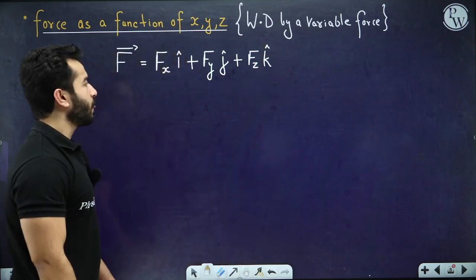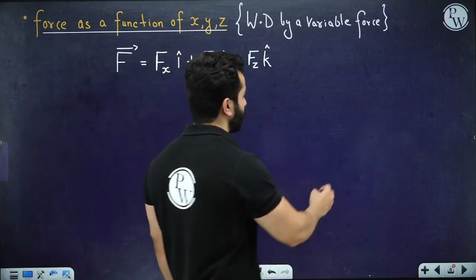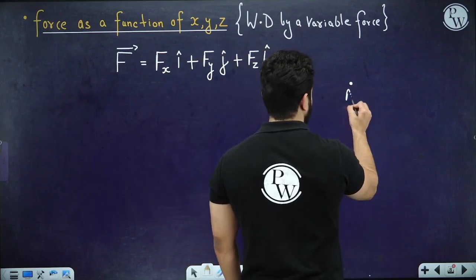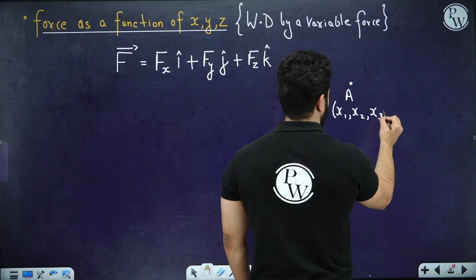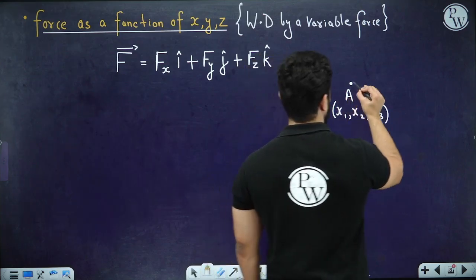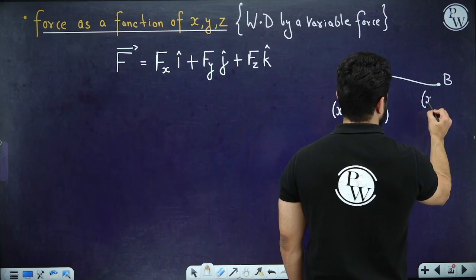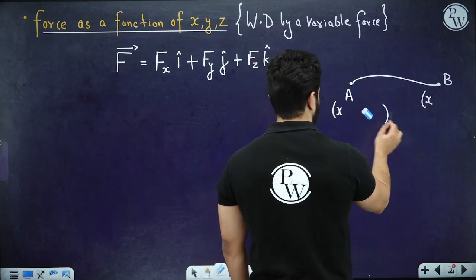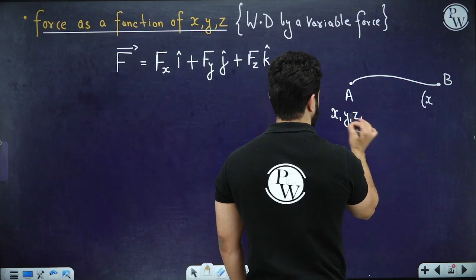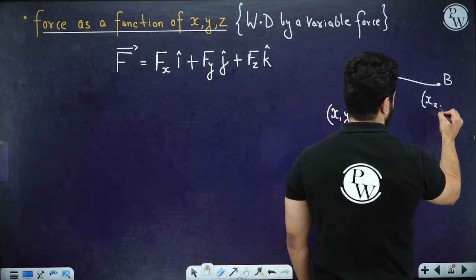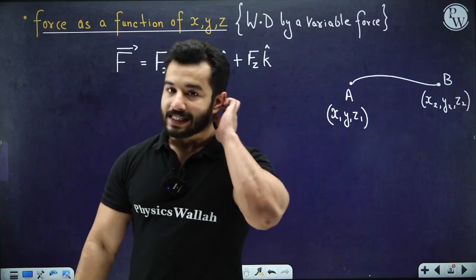Also, let's say that the body gets displaced from a point A, which has coordinates x1, y1, z1, to point B, which has coordinates x2, y2, z2.